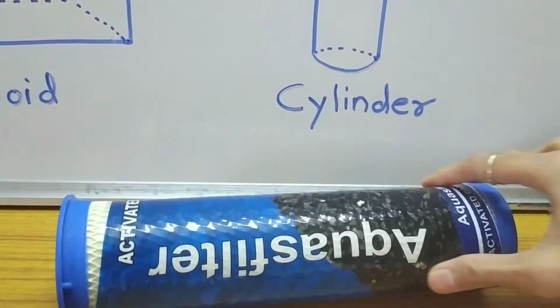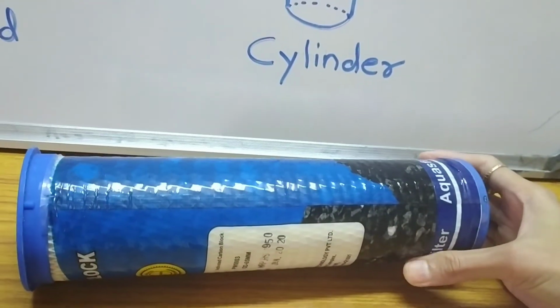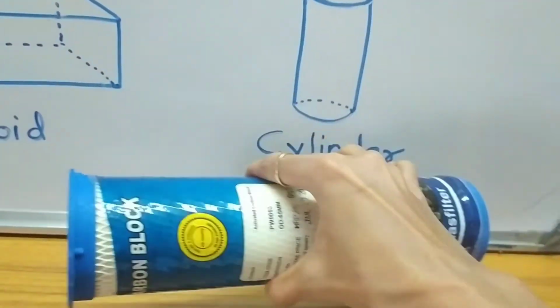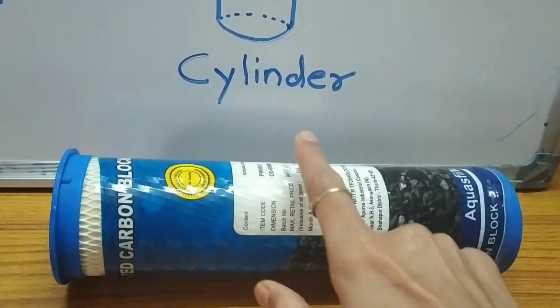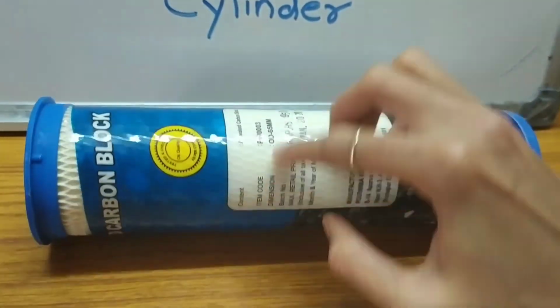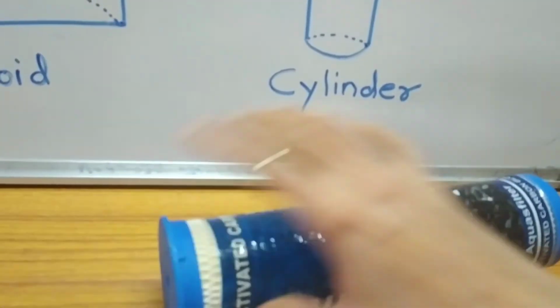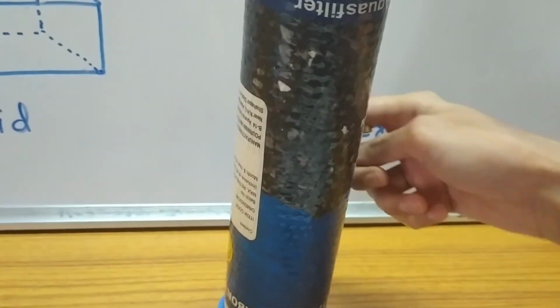This looks like a bottle, and how many faces does a cylinder have? There are 2 faces, 1 and 2, and this is the third face. We can call this the curved face. So these are 2 flat faces, bottom and top, and this is the curved surface.